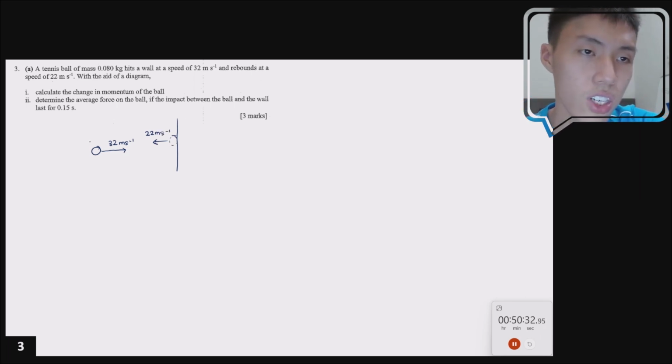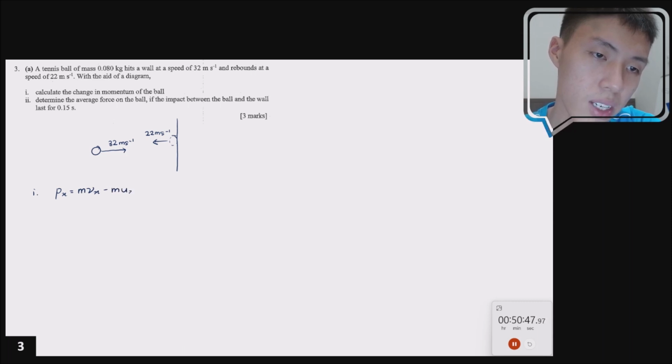Then they ask for the change in momentum of the ball. Well, I think that's quite direct. For me, I usually keep it more critical of the components. I write mvx minus mux, so I can factorize the mass: m times vx minus ux. The mass is 0.080.